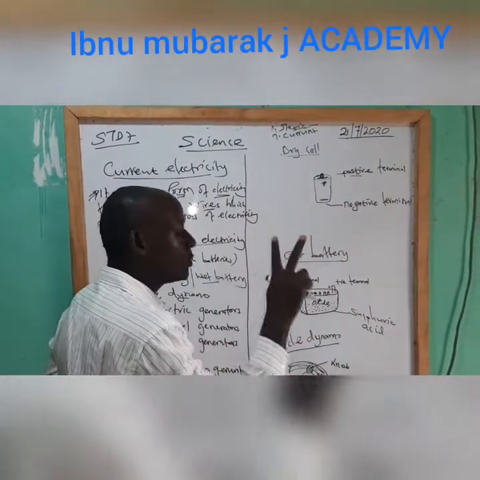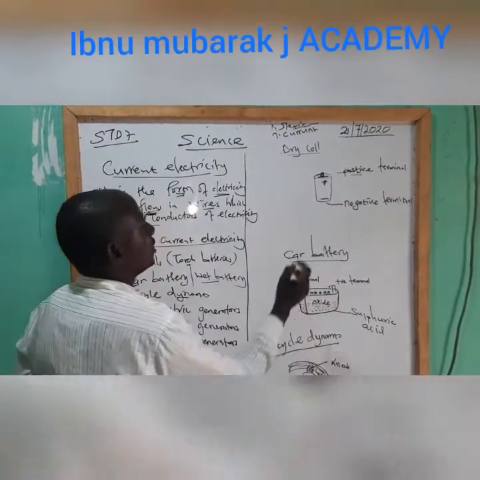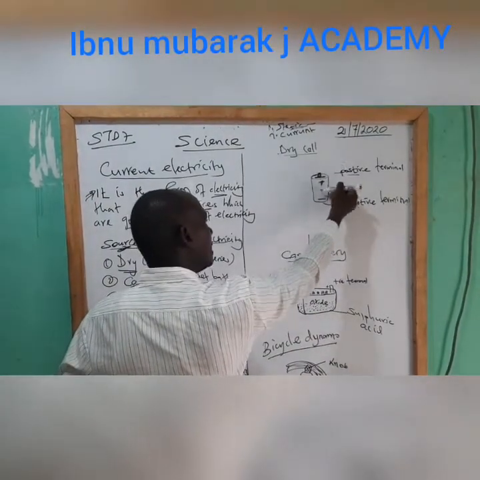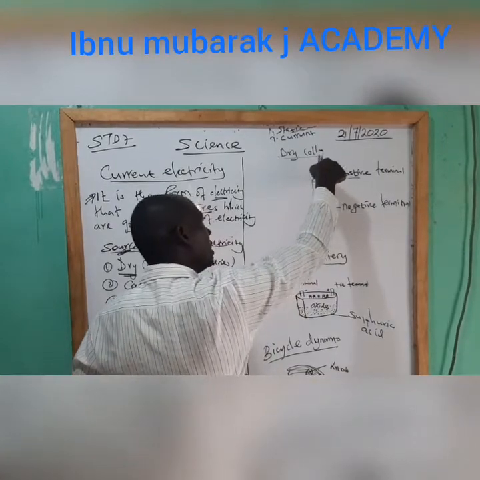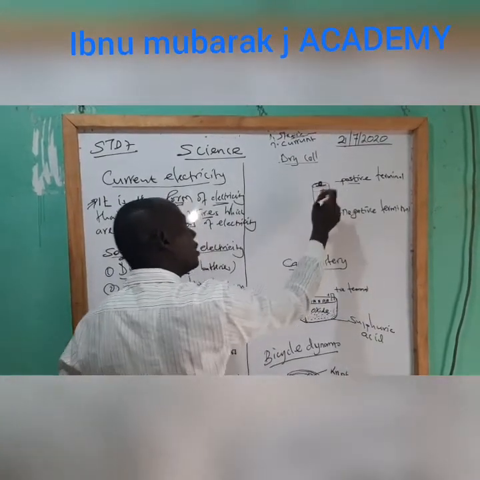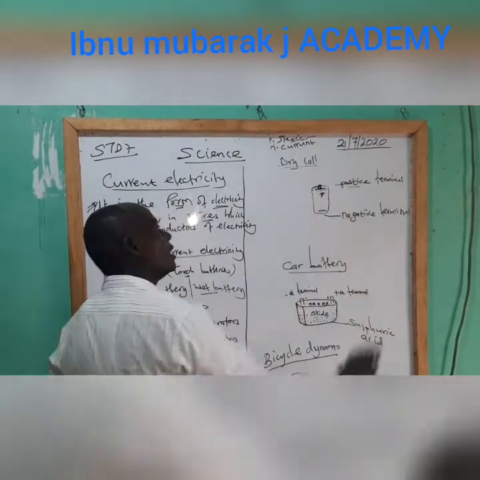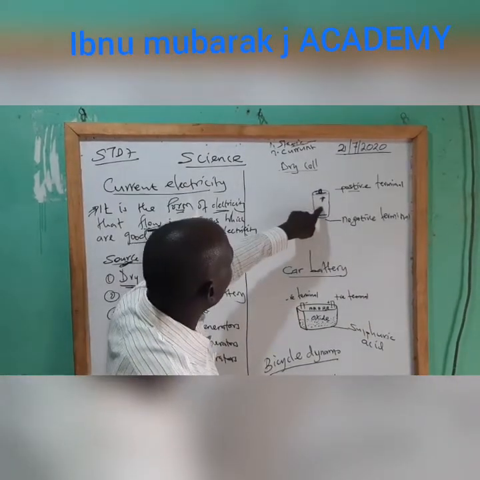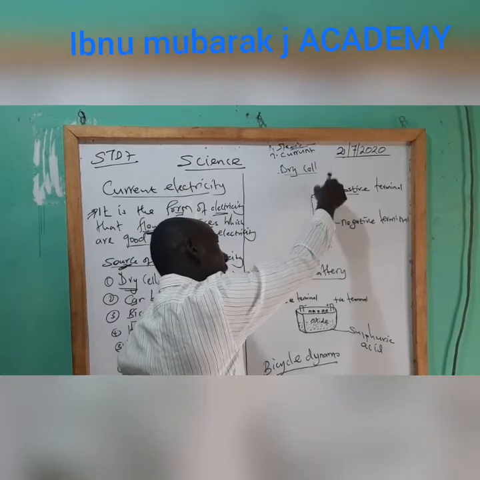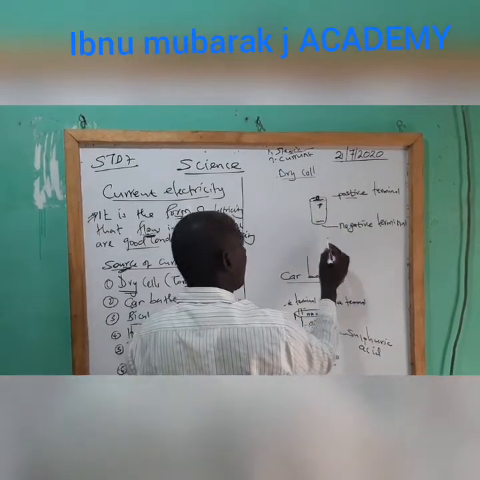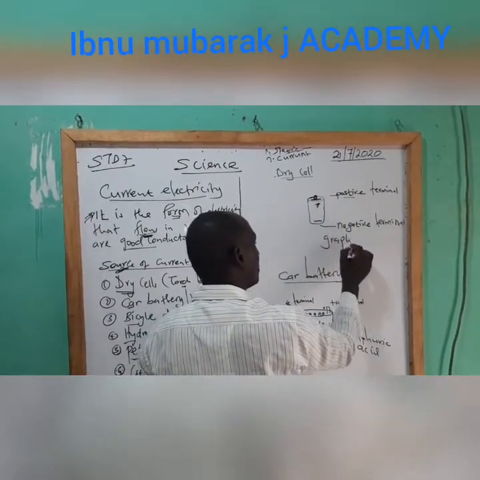Those are the two terminals which are very sensitive. Then in between, there is a graphite. If you were to destroy this battery, there is a graphite that is found inside. We call it graphite.